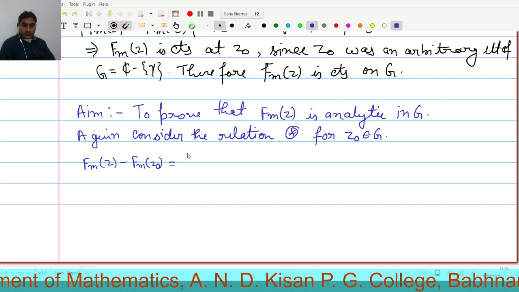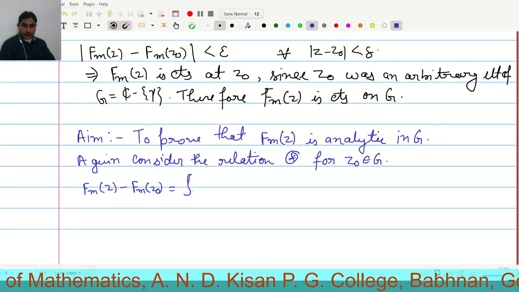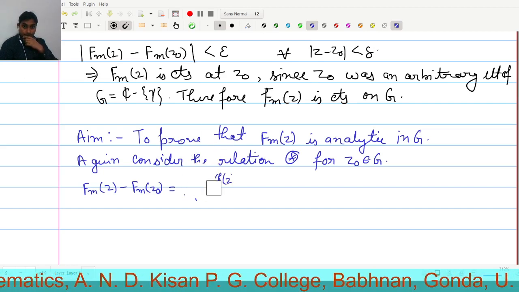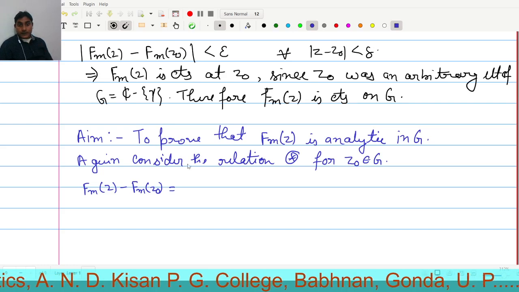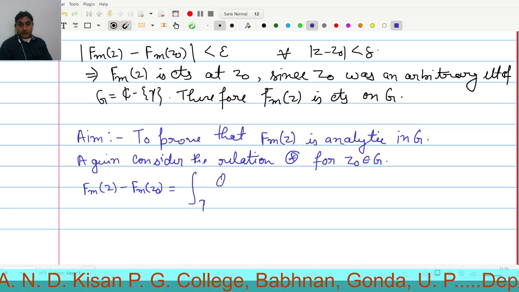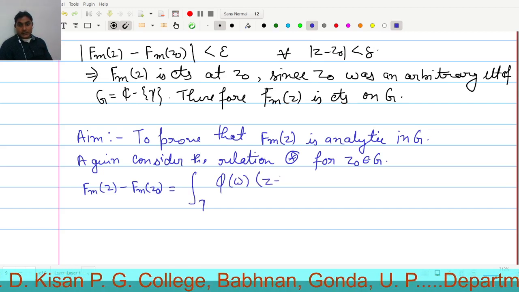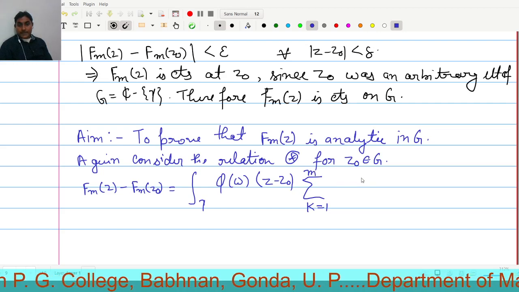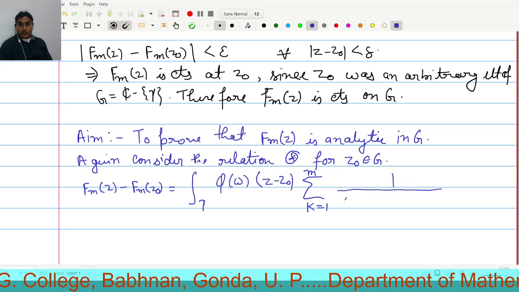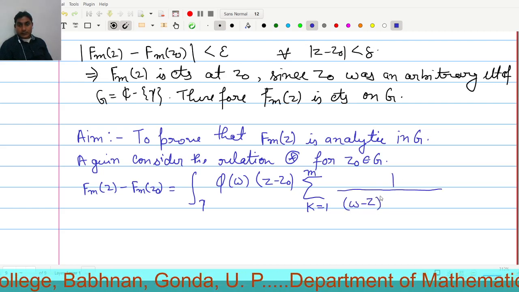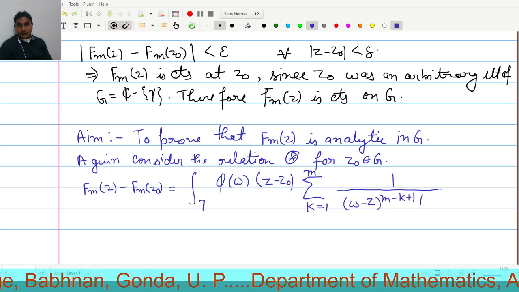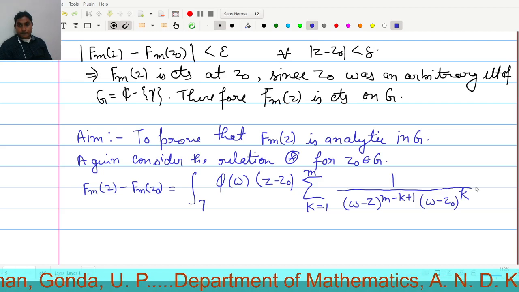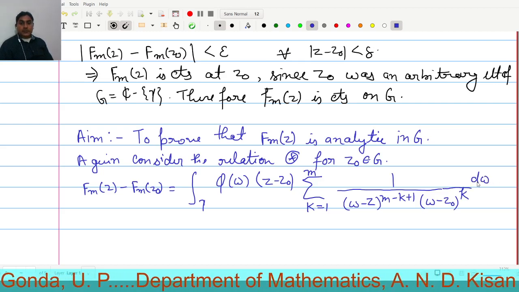We have obtained here, this is integral over gamma phi of w (z − z₀) summation k varies from 1 to m, 1 over (w − z)^(m−k+1) and (w − z₀)^k dw. This was our expression.